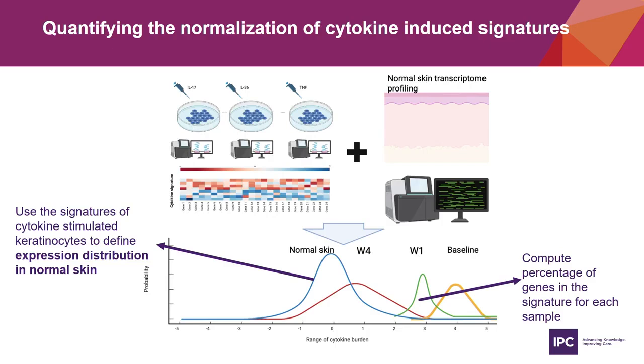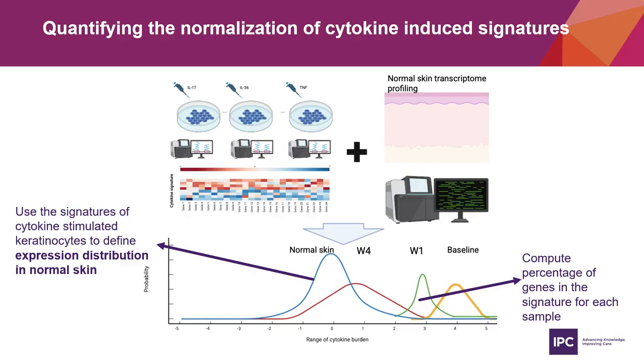The other way that we look into is to try to quantify it, using the normal skin as a reference. So instead of integrating these cytokine signatures with the XR study, now we are doing independent genomic studies only on the control skin of normal individuals, and then we define an empirical distribution of how the cytokine signatures would behave in the normal skin, using that as a reference.